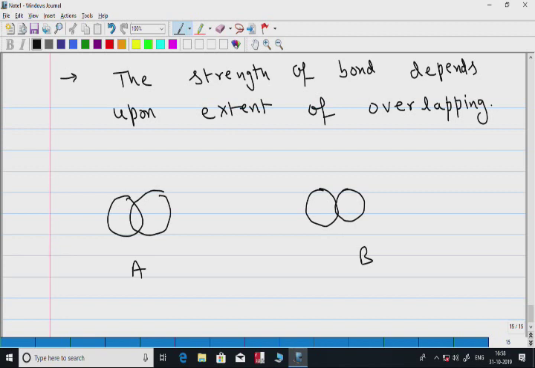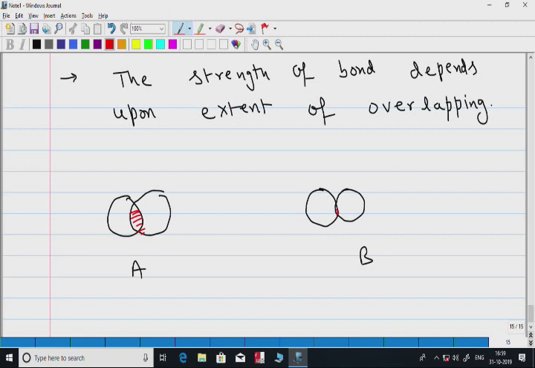Because in scenario A, the overlapping is higher. See, this is the overlapping region, means this is the bond. And this is a very short region in molecule B. So in molecule A, there is greater overlapping, that's why it is a stronger bond. Whereas in molecule B, the overlapping is less, therefore it is a weaker bond. Okay? Clear to everyone?